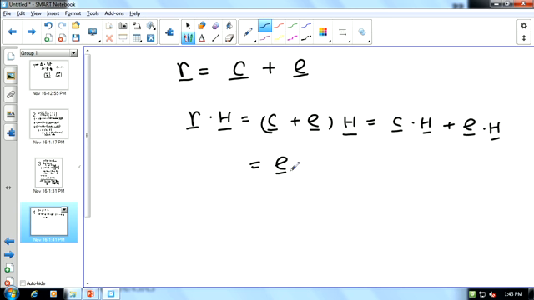So what remains is E times H. So this R times H is in general non-zero, and the non-zero elements are contributed by the error vector. We call this the syndrome. The syndrome is a direct consequence of the error vector.